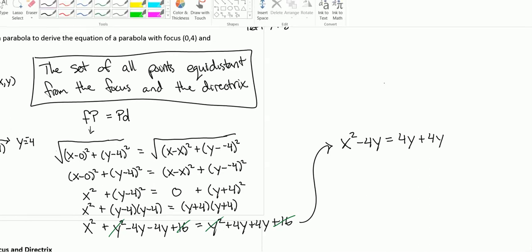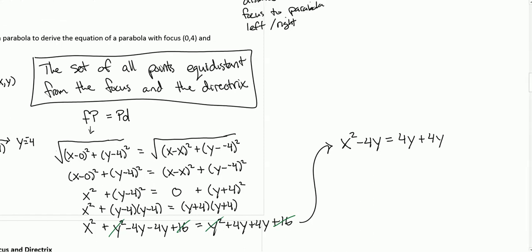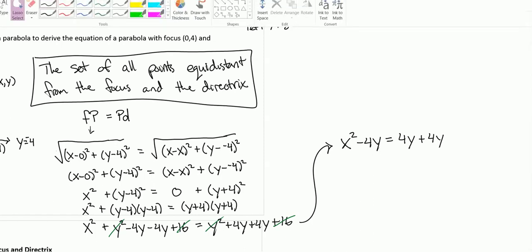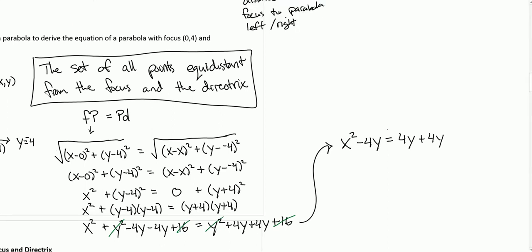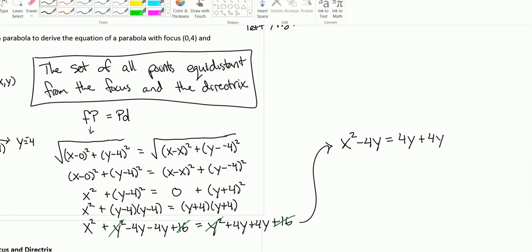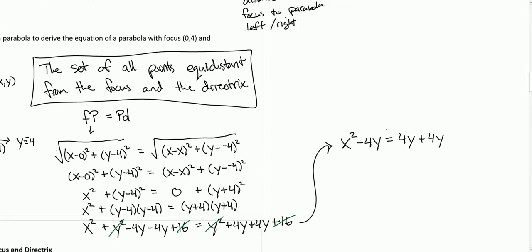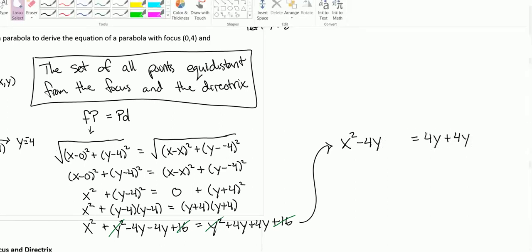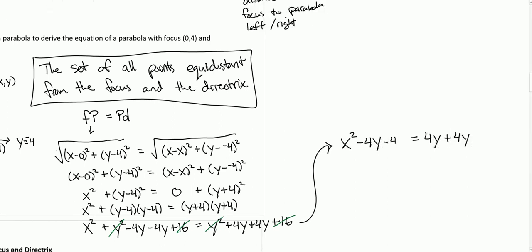And now we're left with x squared minus 4y is equal to 4y plus 4y. Actually, I left a minus 4y out. So let me put that in there. So that's x squared minus 8y is equal to 8y.